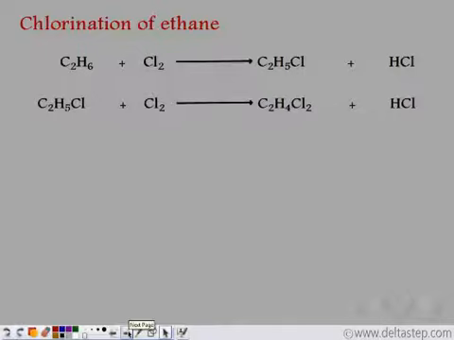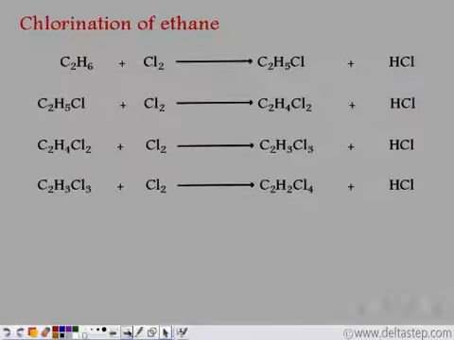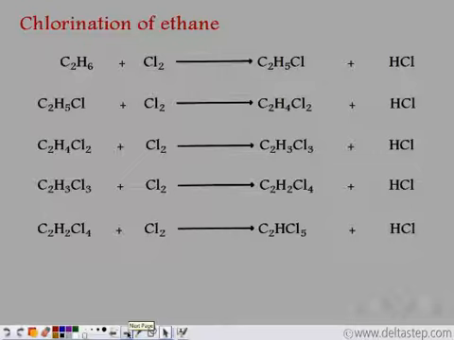Now this C2H4Cl2, when that reacts with chlorine, again one hydrogen atom is replaced. So it forms C2H3Cl3. This C2H3Cl3 further reacts. So we get C2H2Cl4. Further we get C2HCl5. And finally we get C2Cl6.